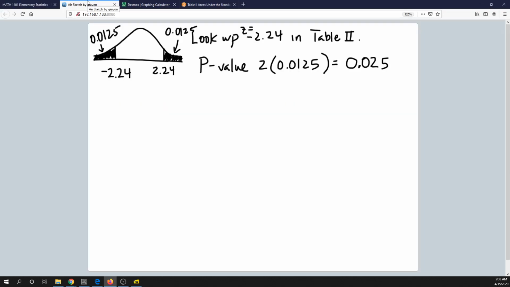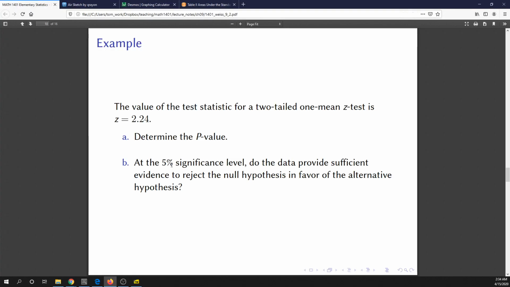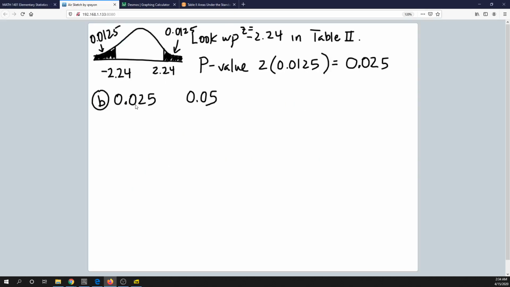So what we're going to do is take that p-value in part B, 0.025, and compare that to the significance level, which is 5%, or 0.05 as a decimal. We decide which of the two numbers is bigger.